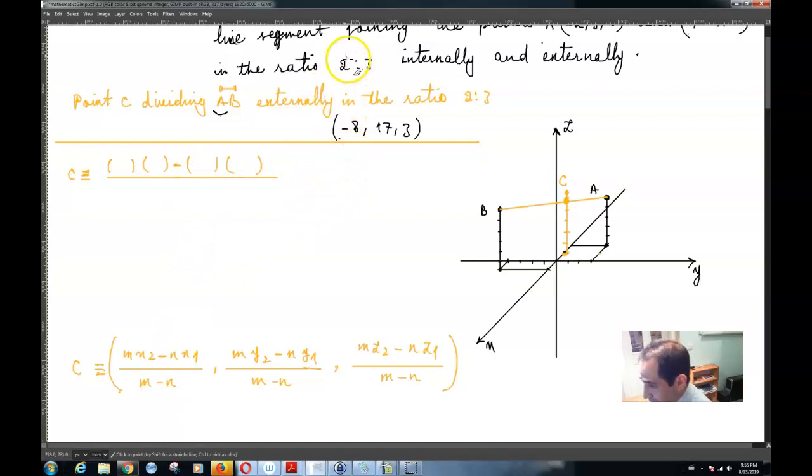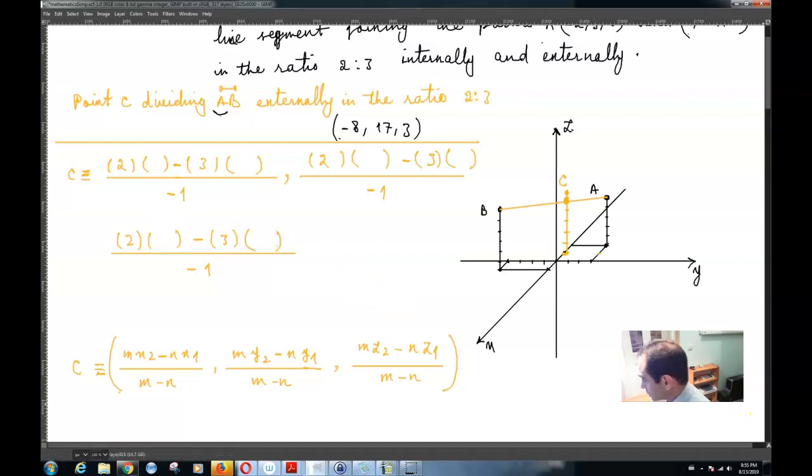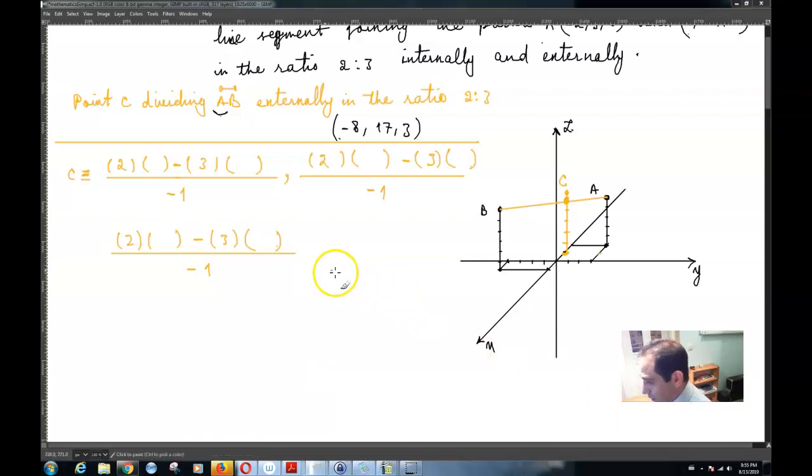So your m is 2, your n is equal to 3. So 2 and 3, and here you have 2 minus 3, which is equal to -1. That is your x coordinate. Your y coordinate, again, you have the same story, with 2 and 3 over here. The z coordinate, again, you have a -1 over here: 2 times something minus 3 times something, and that is that.